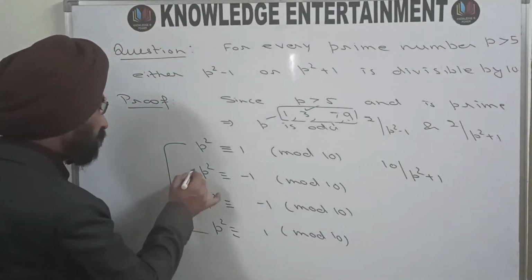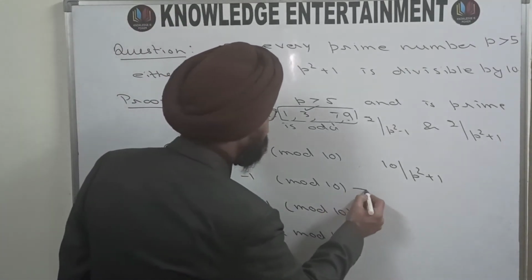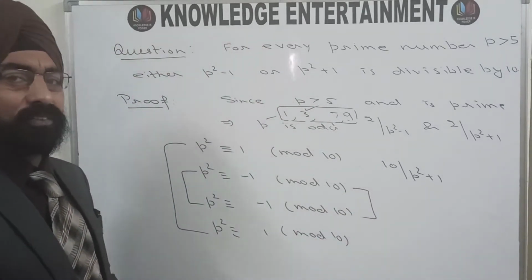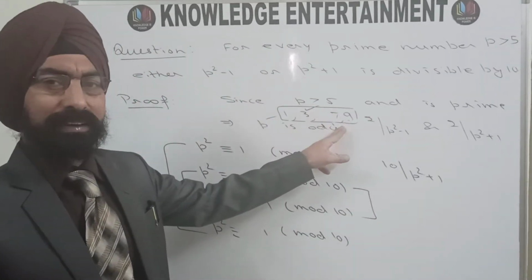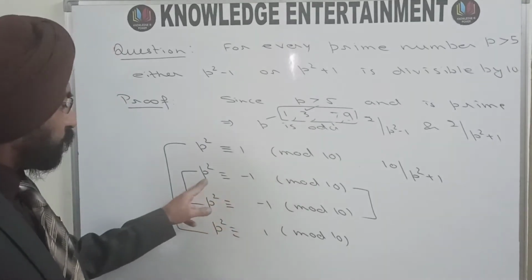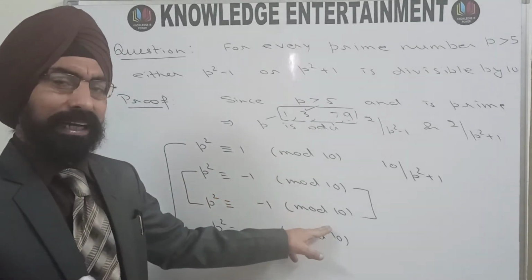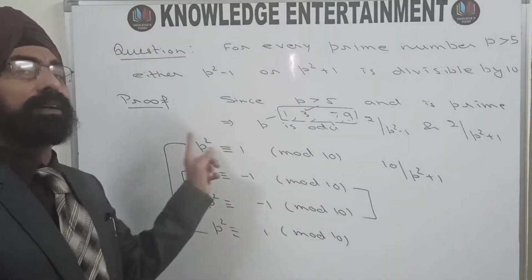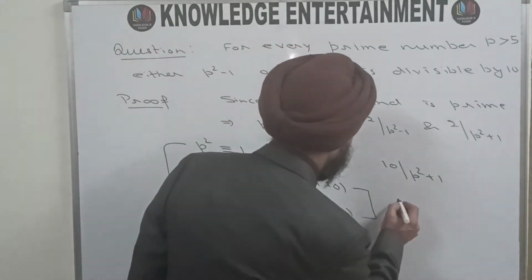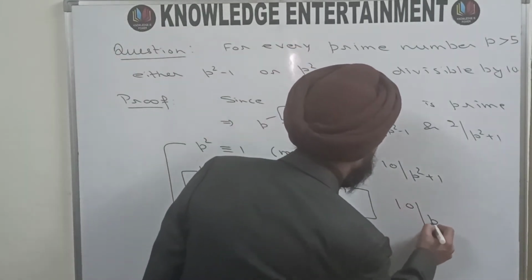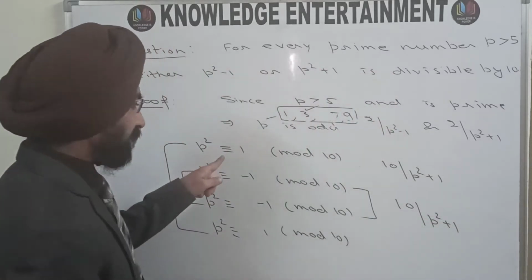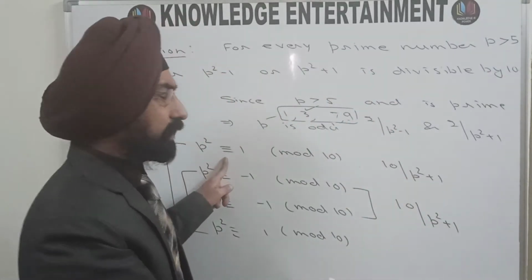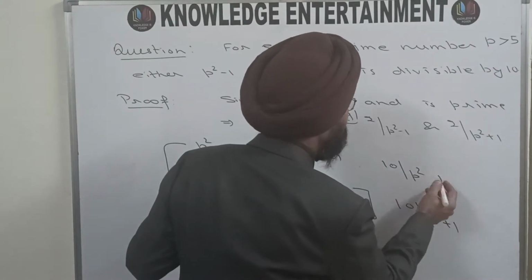And what is for the remaining two cases? Remaining two cases means if your units digit is 3 or 7, then p square is congruent to minus 1 modulo 10, and using the definition of congruences, 10 will divide p square plus 1. Sorry, in the first case I have written p square plus 1, it should be p square minus 1.